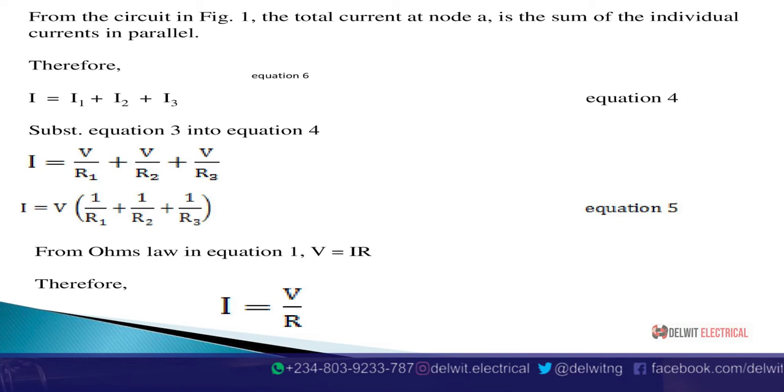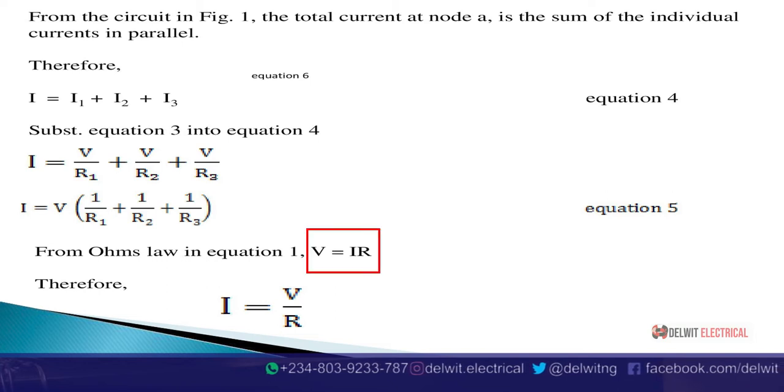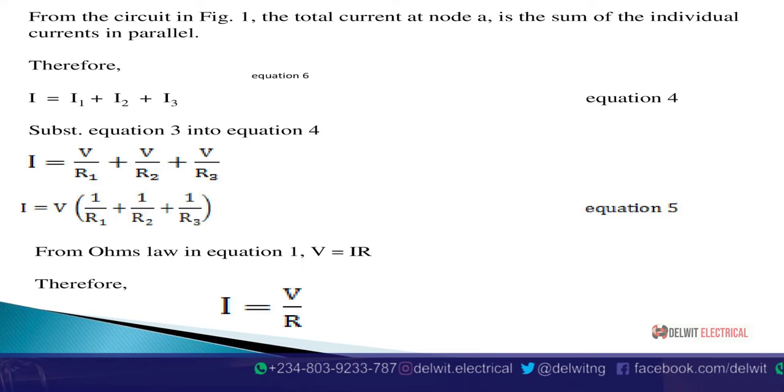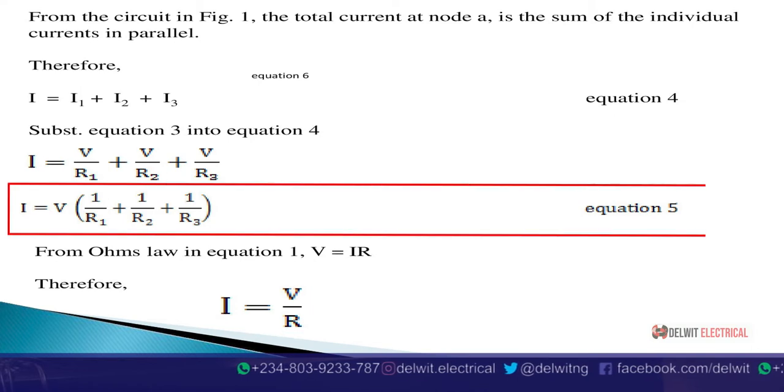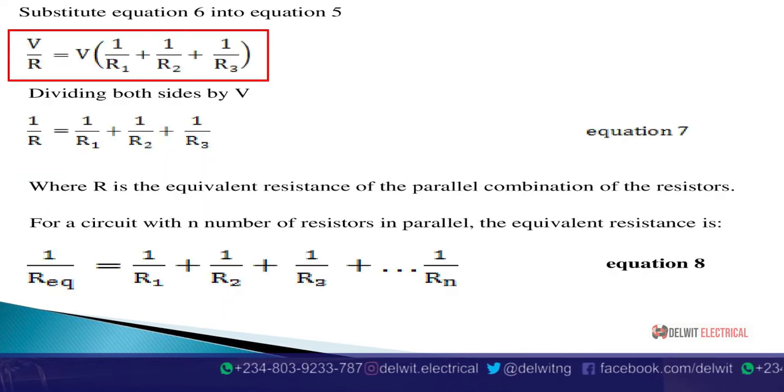But from Ohm's law, we know that V is equal to IR. Making I the subject of the formula, we have V over R. If we substitute equation 6 into equation 5, which is what our I in the entire circuit is, we say I is equal to V over R, and V times 1 over R1 plus 1 over R2 plus 1 over R3.